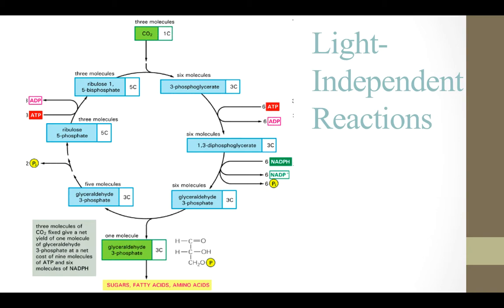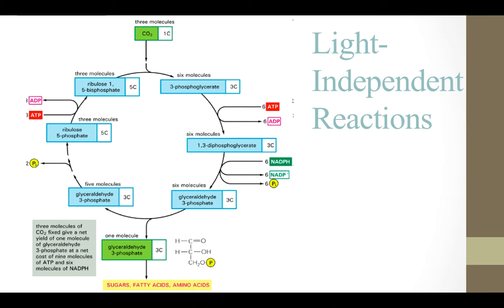So here's the overall: we've got 3 molecules of CO2, providing 1 carbon each, 6 molecules of phosphoglycerate, 6 ATP are used. We get 6 molecules of diphosphoglycerate, NADPH is used. We've got the glyceraldehyde, and we get 1 molecule of glyceraldehyde 3-phosphate.